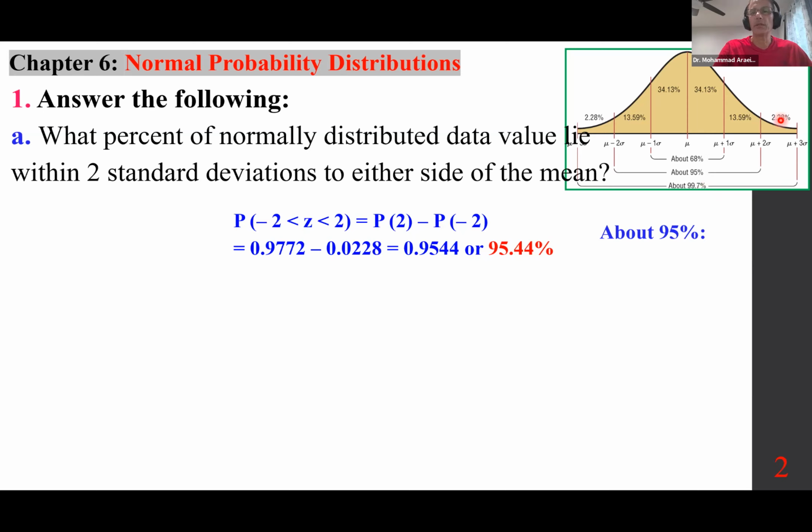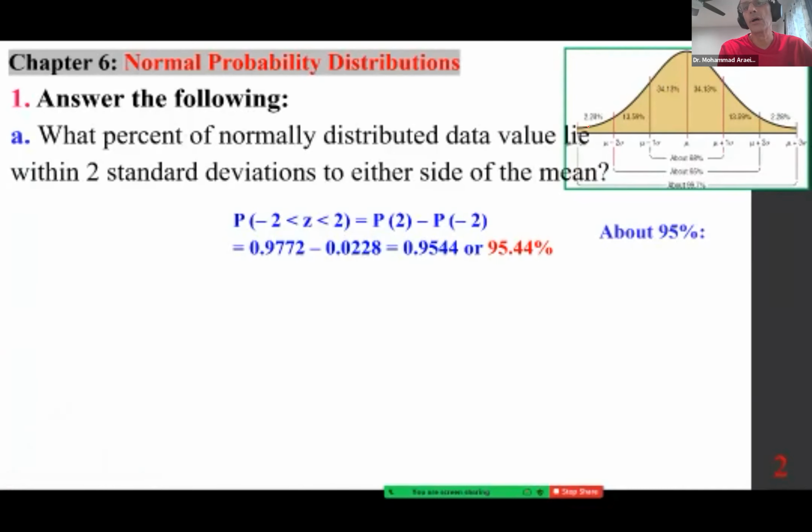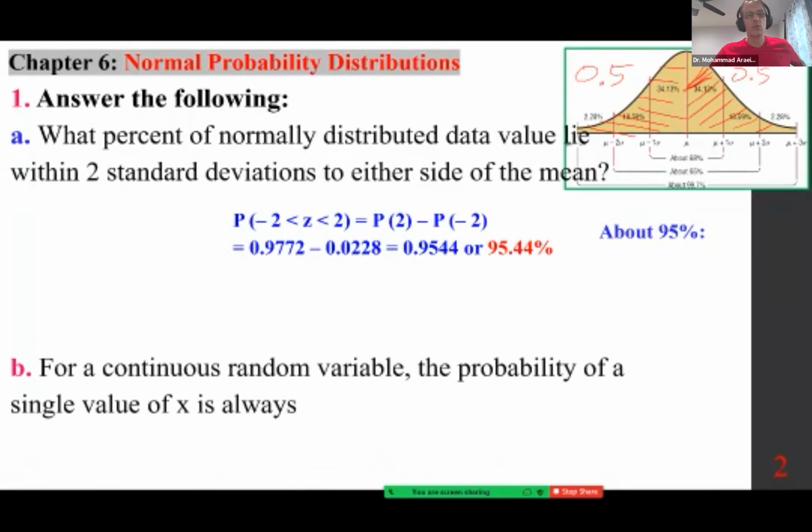Remember, the total area under the curve represents the total probability, which is 1. On each side, we have 0.5.